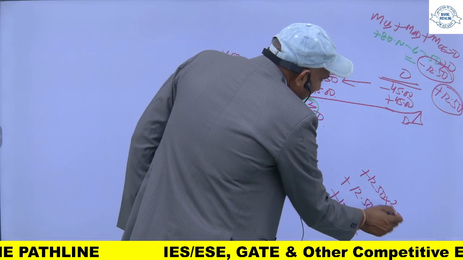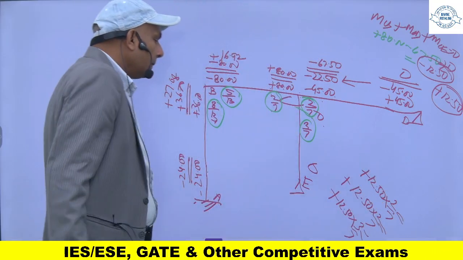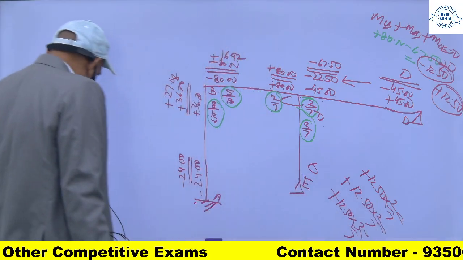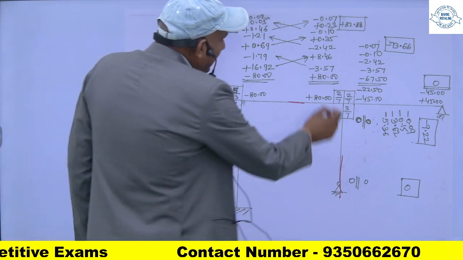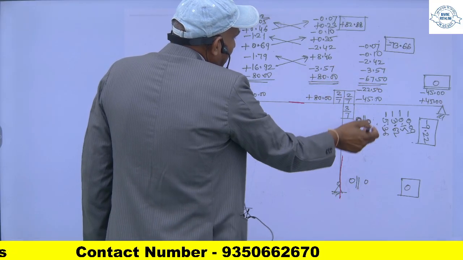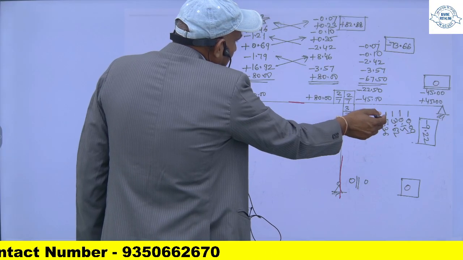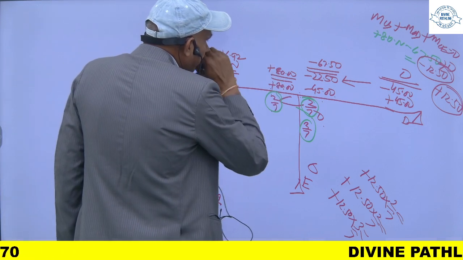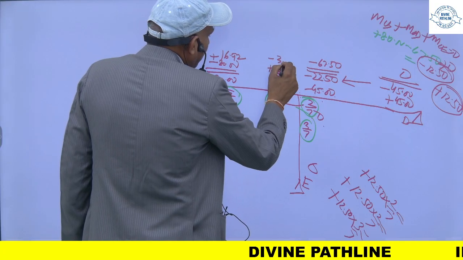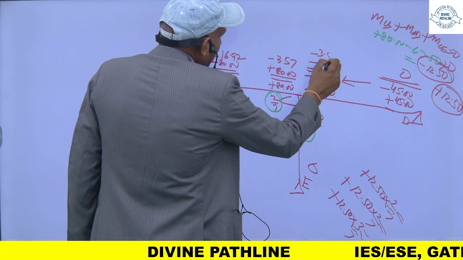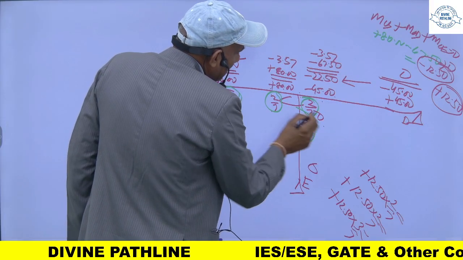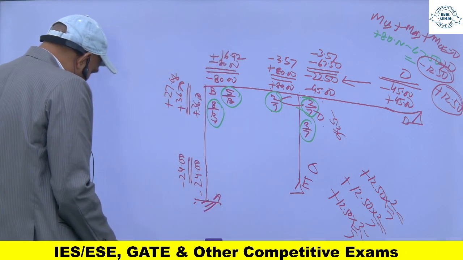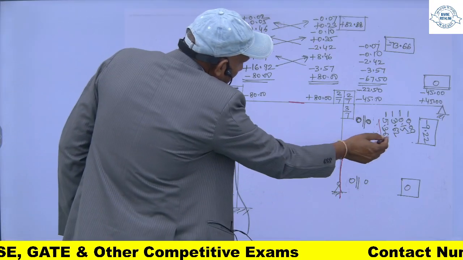So this will be distributed in these two members. So it will be minus 3.57, minus 3.57 and minus 5.36 you will get. So it is minus 3.57, minus 3.57 and minus 5.36. This you will get.